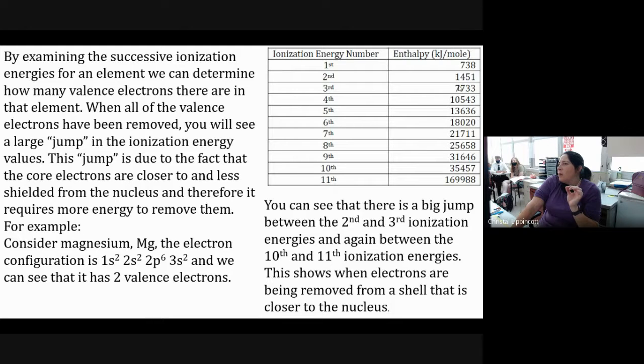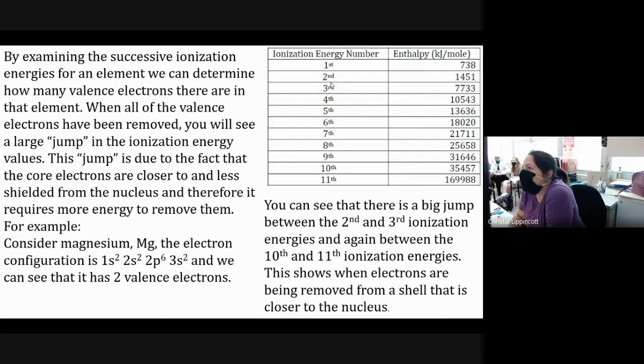So if I go back 1, 2, 3, 4, 5, 6, 7, 8, you see how this gets massively huge again? That means that this guy is going to be a noble gas because it's going to be really hard to pull that electron away from one of those noble gases.